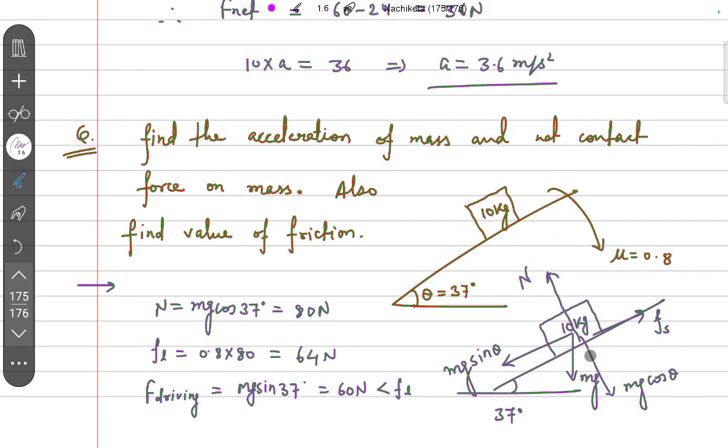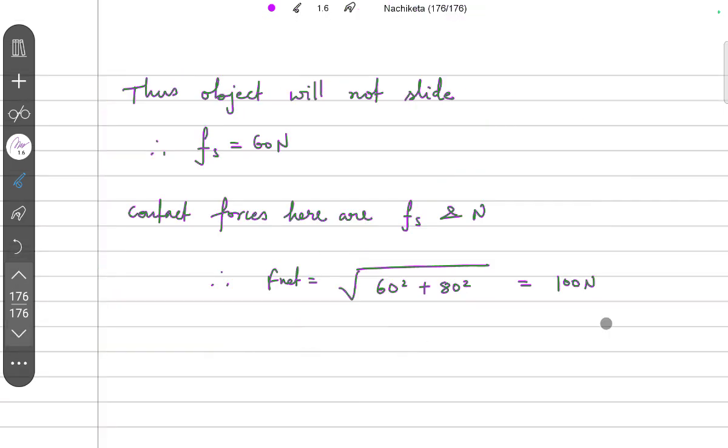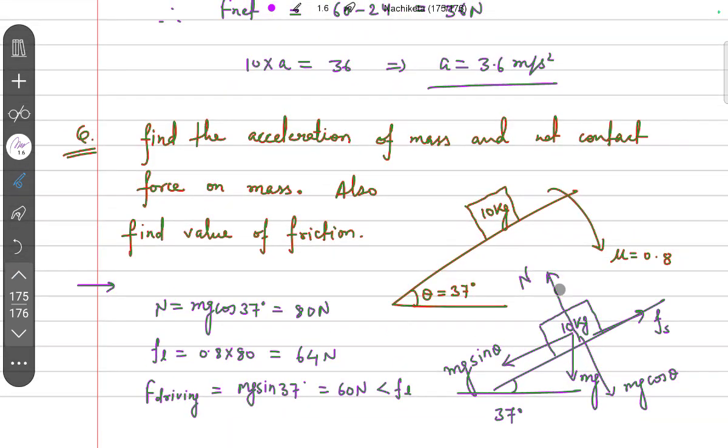Mind it. If S, mg and N are causing the object to be in equilibrium, then of course net contact force must be equal and opposite of mg. And that is what the data we have got. For equilibrium, net force has to be 0. So resultant of Fs and N must be equal and opposite of the mg. Then only it can be in a stationary mode.